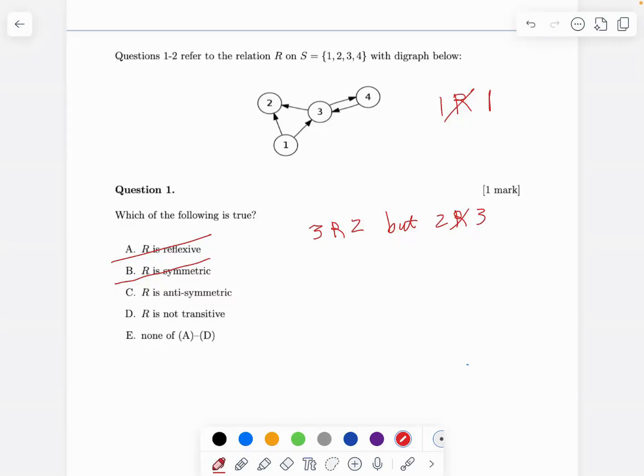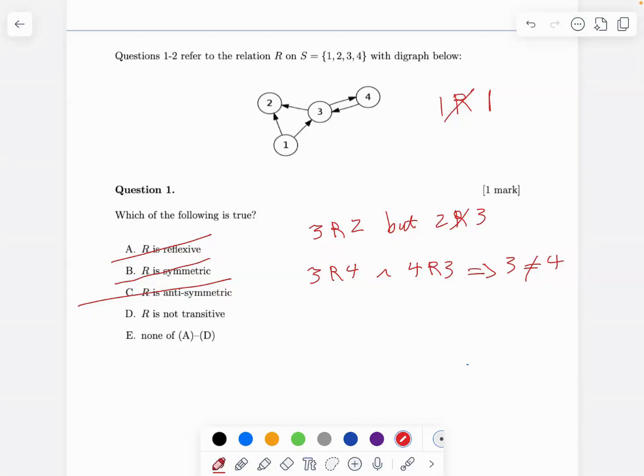Anti-symmetric means none of them has a two-sided relation. But 3 has a relation with 4 and 4 has a relation with 3. This means they must be the same number, but they are not. Two different elements should not have a two-sided relation, so part C is not correct.